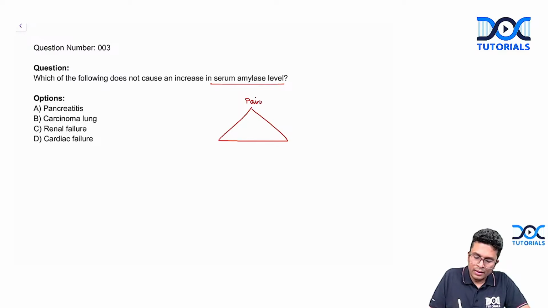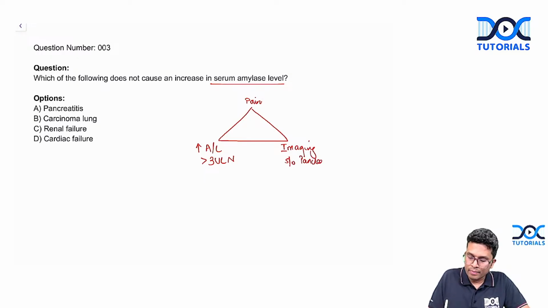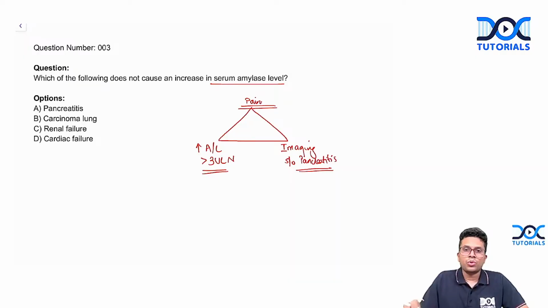You need raised amylase or lipase more than 3 times the upper limit of normal, and or imaging suggestive of pancreatitis. So there are 3 points to remember. At least two should be positive for you to start diagnosing pancreatitis.